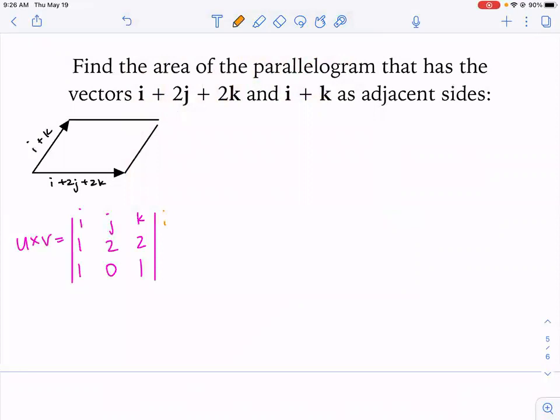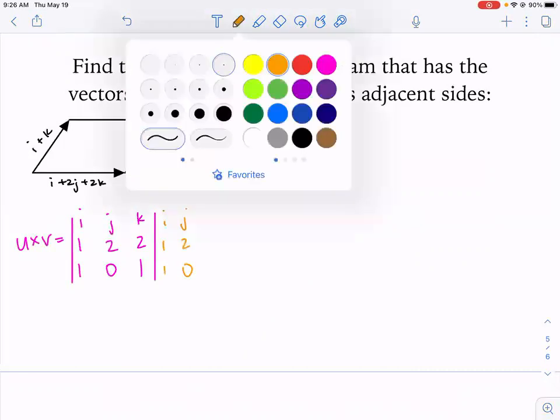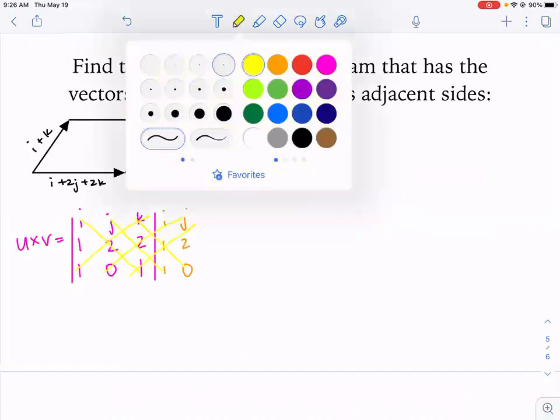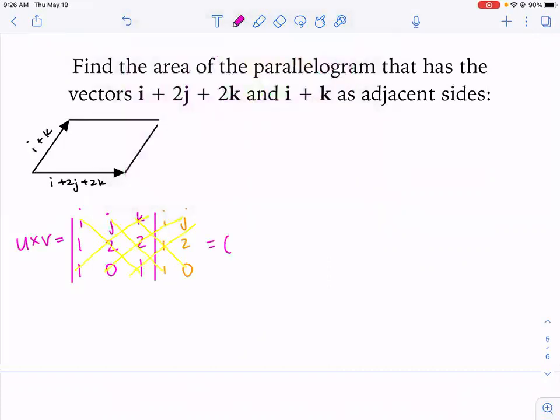Okay, so we have I, J, K that we're copying for our columns. All right, so we have 2I plus 2J plus 1K.